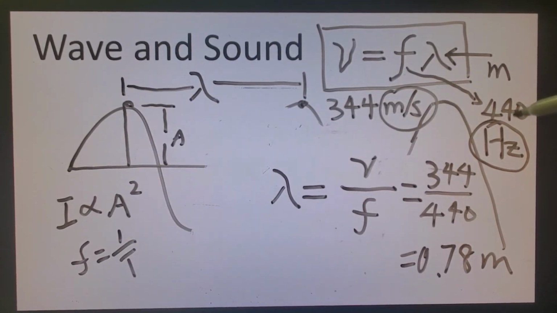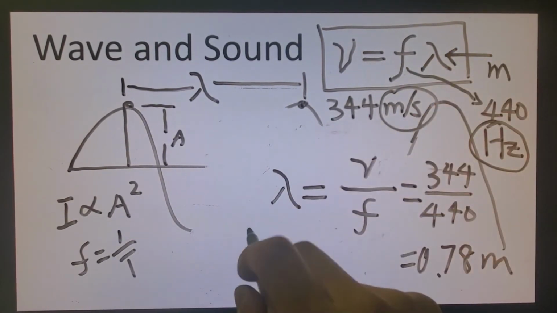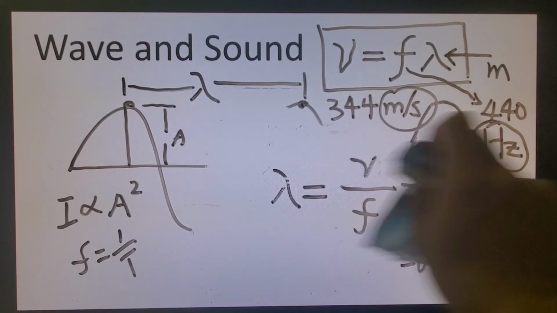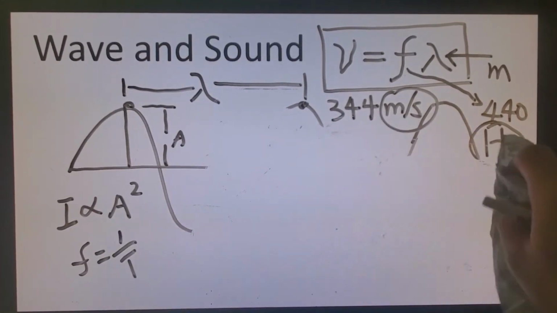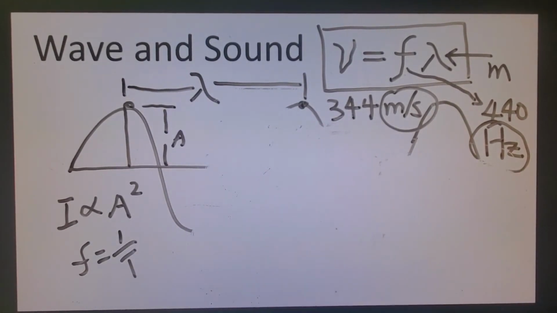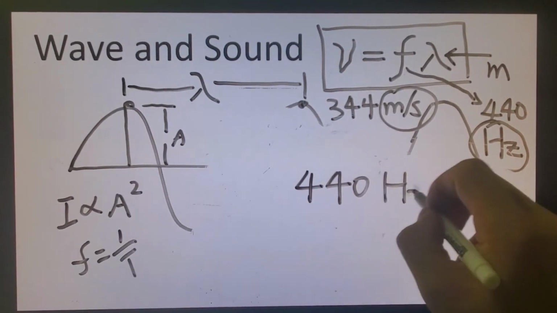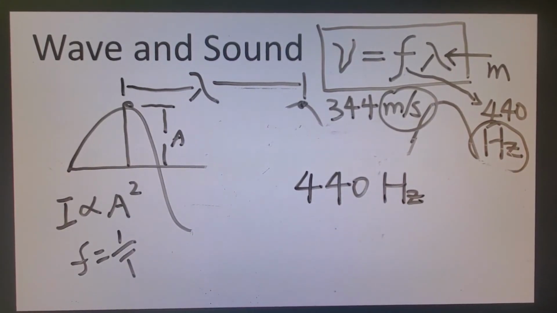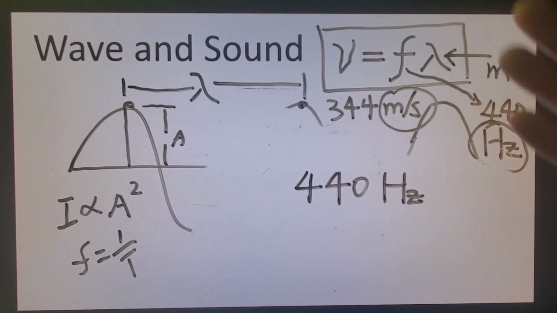As an exercise, I want you to calculate this. If I tell you the frequency is 440 hertz, and by the way, let's say it's not traveling in air at one atmosphere but at a different pressure of air, that means the velocity of the sound will be different.